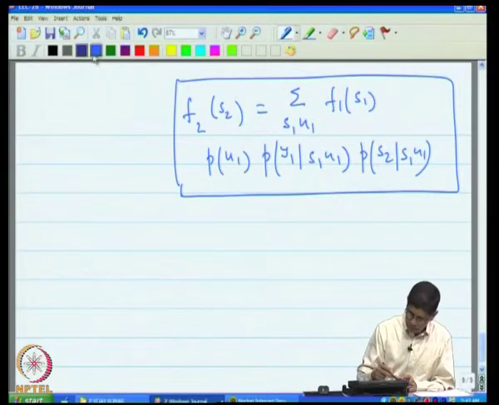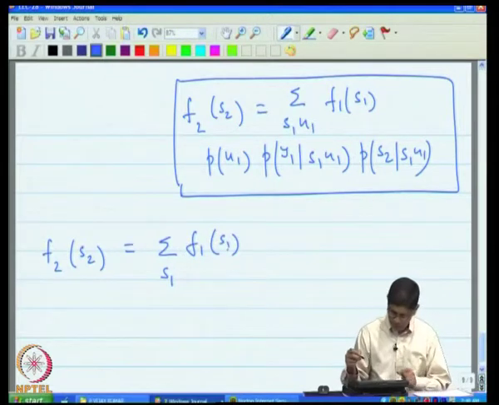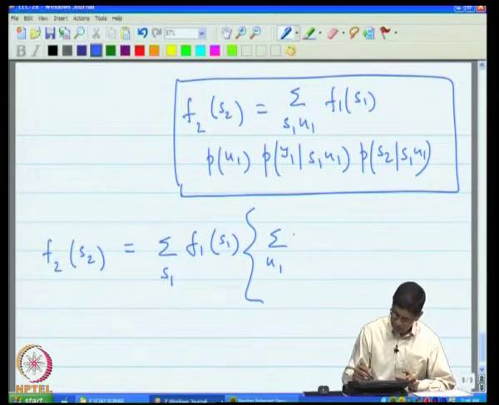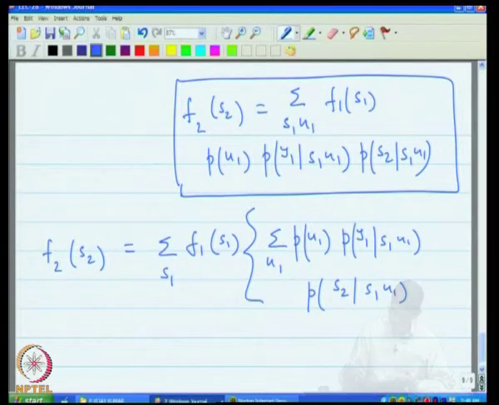So, let us say that f2 of S2, I want to treat this as a summation over S1 of f1 of S1, and then there is an interior summation over U1, which is P of U1, P of Y1 given S1 U1 times P of S2 given S1 U1.